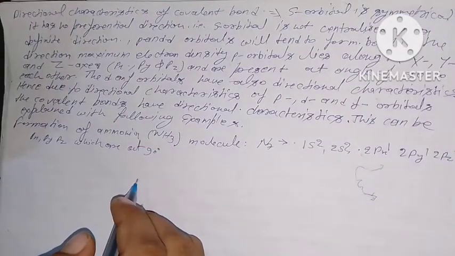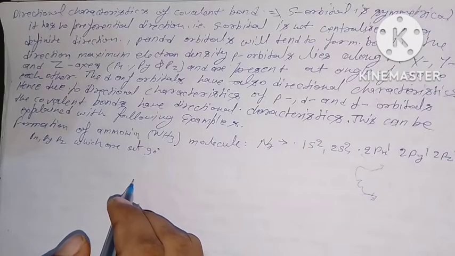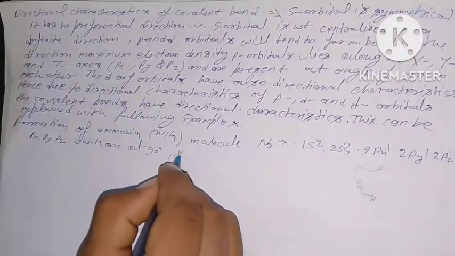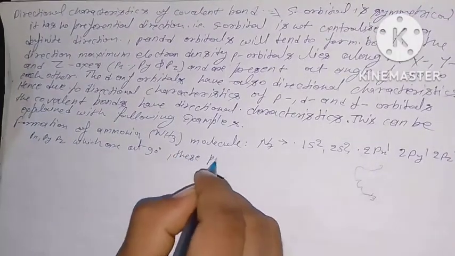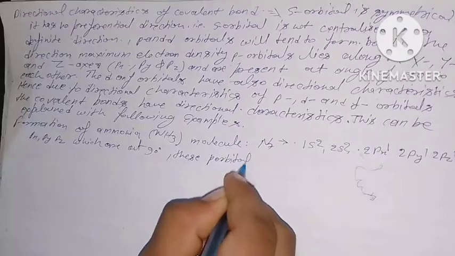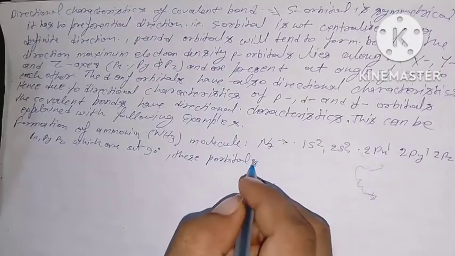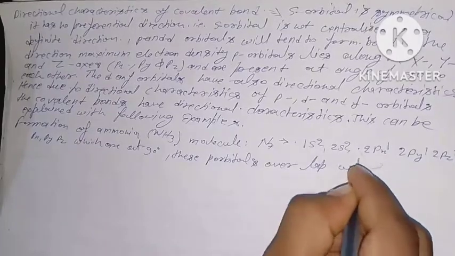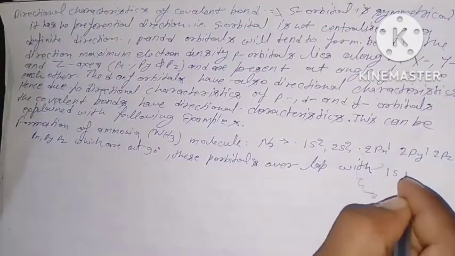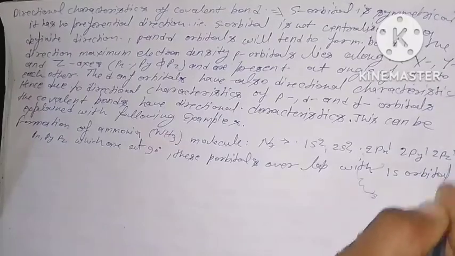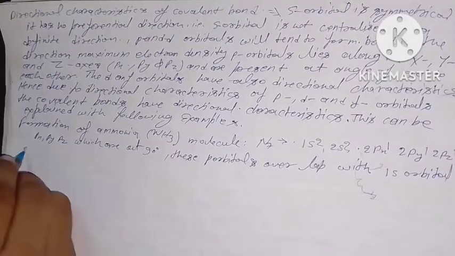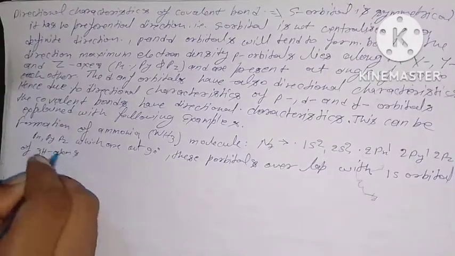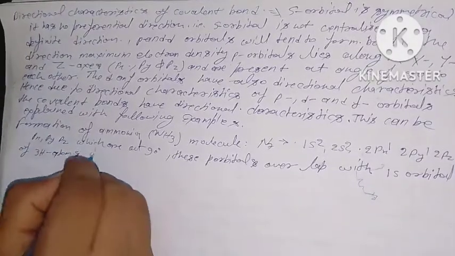These p orbitals overlap with the 1s orbitals of 3 H atoms, forming 3 sigma bonds.